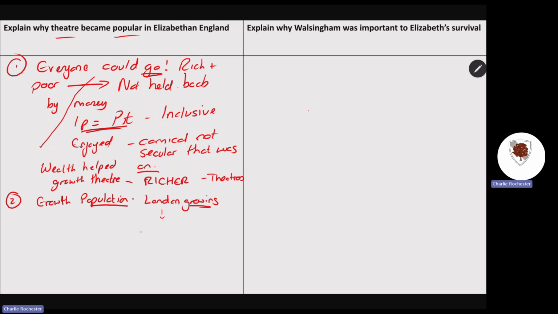Because London was growing, it led to new theatres like the Globe and the Rose, which meant they were now more easily accessible. And on top of that, because of the variety of plays, it made it very popular with all individuals to go.